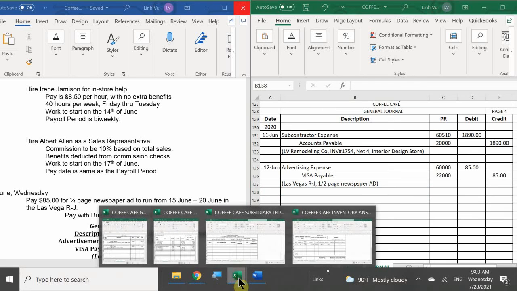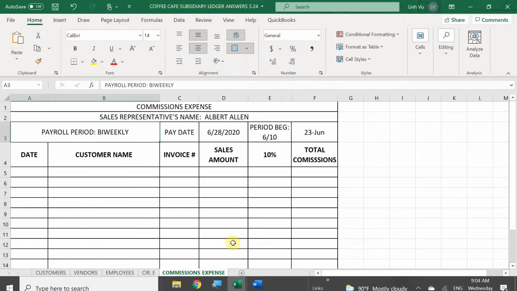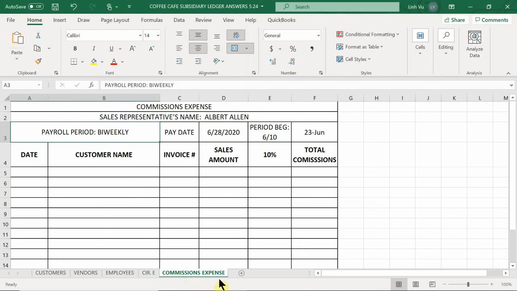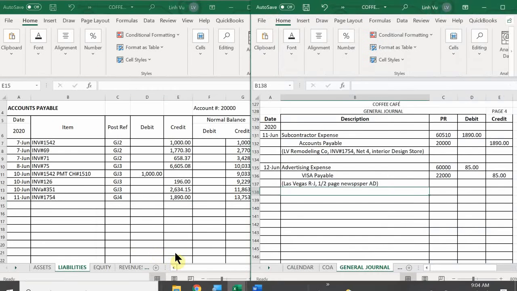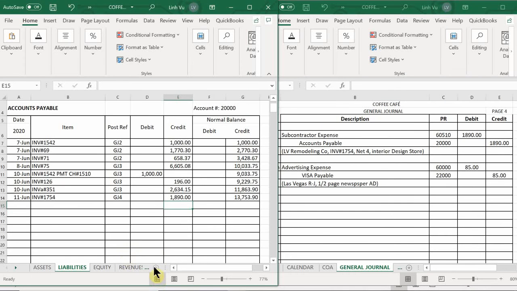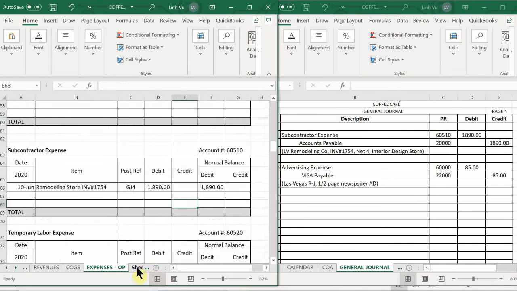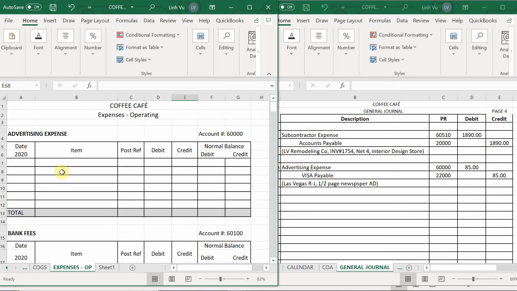Okay? So if I go back to my ledger, first thing I have to recognize is advertising expense. Oh, wrong form. So here we are. Operating expense. Oop, there you go. Very first account at the top of your operating expenses. Here we have it. It is June 11.